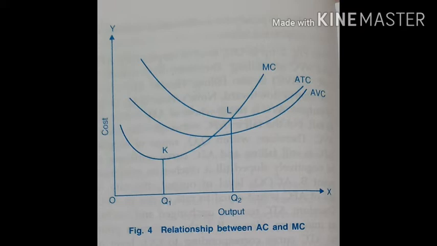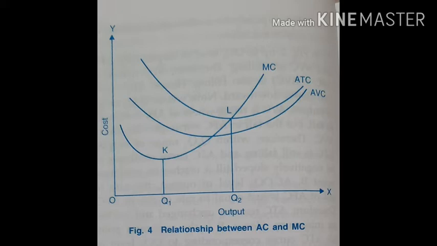The first relationship between the average cost and marginal cost is when marginal cost is less than the average cost. You can see that marginal cost is less than the average cost till OQ2.